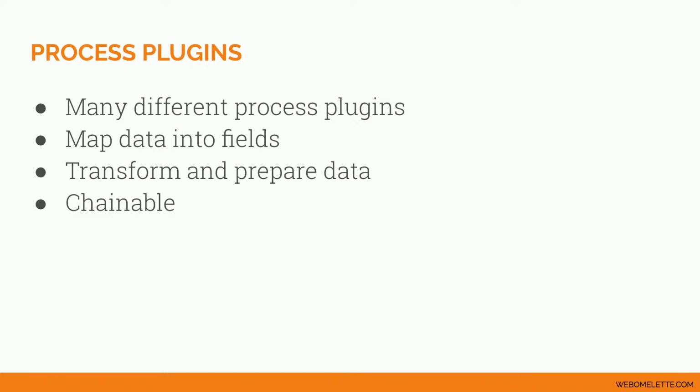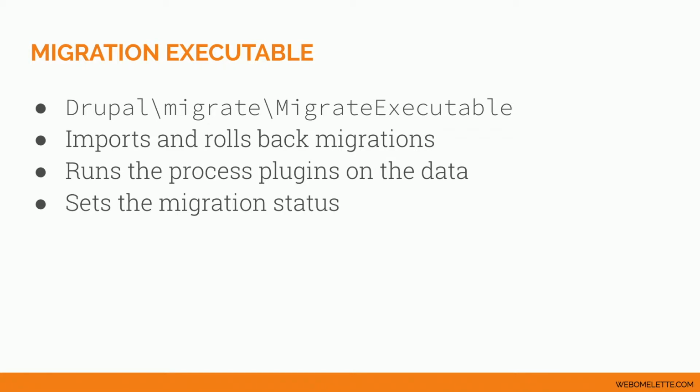Then there's this guy, and it's in the name. It executes the migrate executable. Its main job is to import, to run the whole process, or to roll it back, to delete it. It saves the data, the ID map, and the messages, runs the process plugins onto the data that is given by the source plugins, and then asks the destination to save.